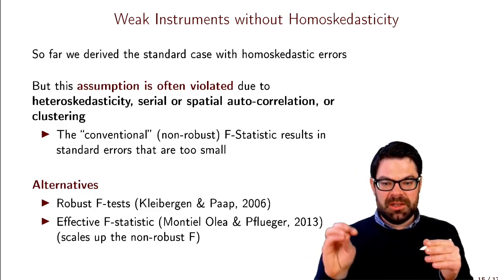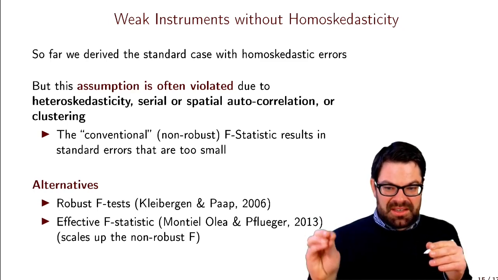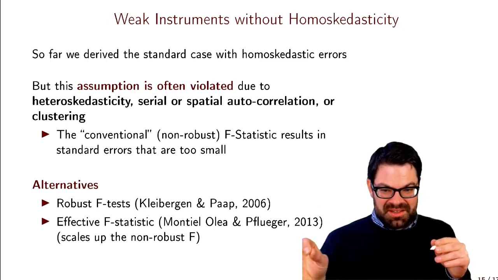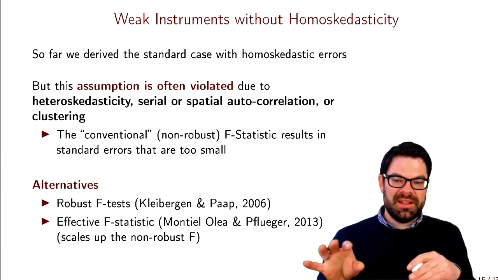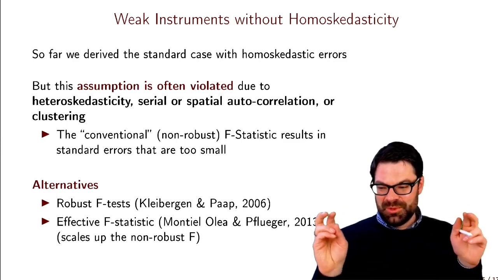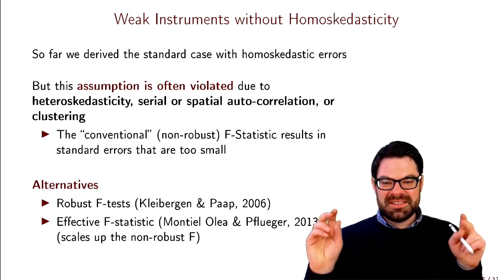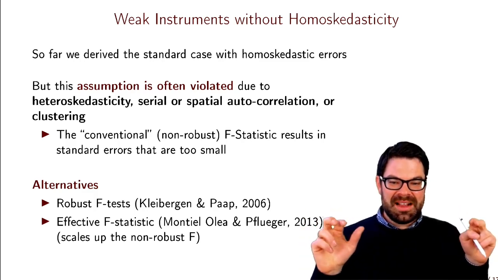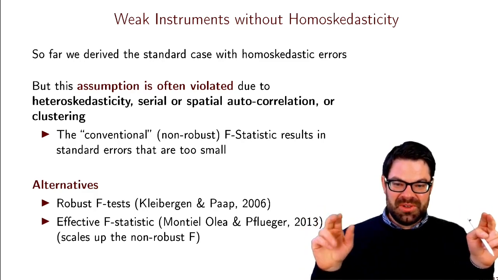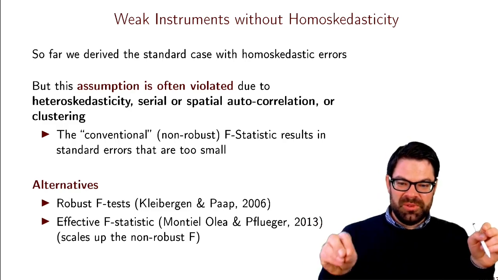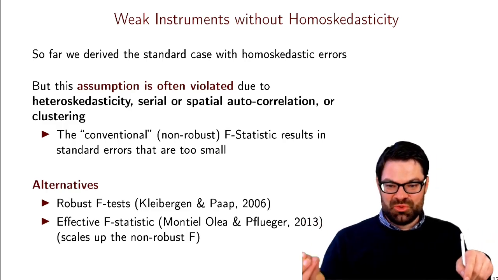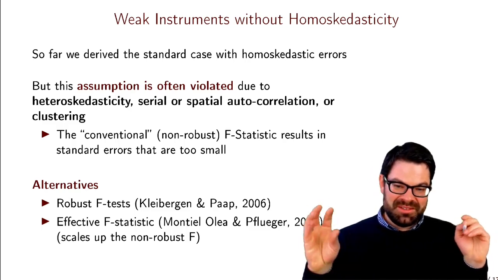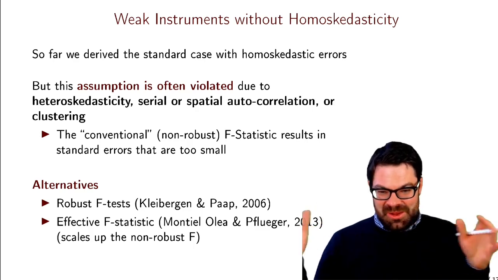Kleibergen and Paap developed F tests that are robust, although it has recently been shown that, as one econometrician put it, they get the standard errors right, but they don't exactly allow you to estimate the right thing, namely an actual test statistic for whether your instrument is strong or not. To what extent that is true, you have to read it yourself.